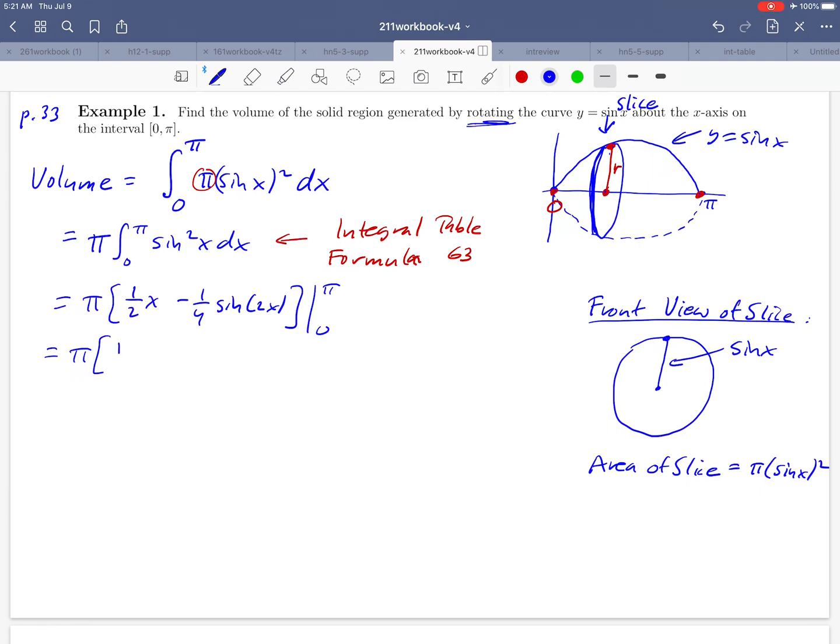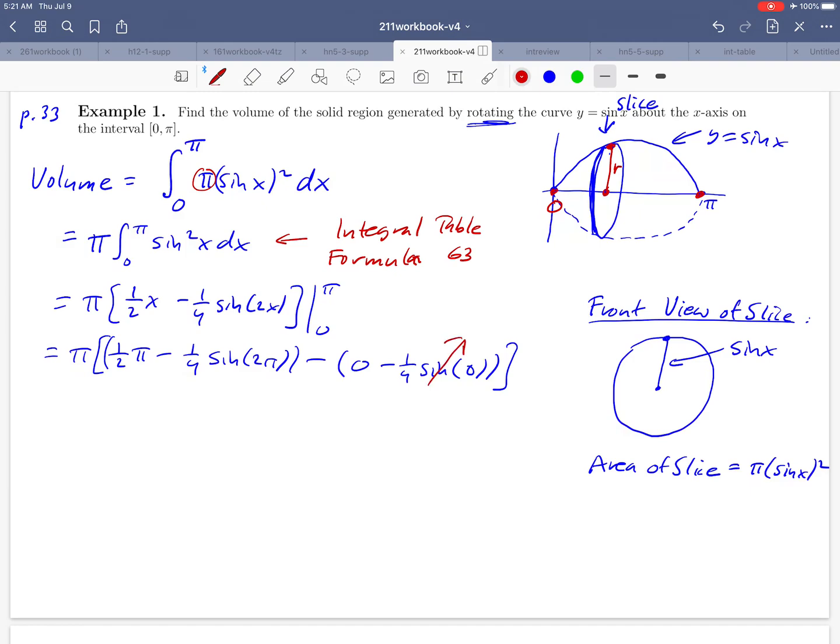If we plug in pi for the upper limit, we get 1/2 pi minus 1/4 sine of 2 pi, minus the lower limit: 1/2 of 0 is 0, minus 1/4 sine of 2 times 0, which is 0. The nice thing about this is that there are a lot of zeros in this problem.